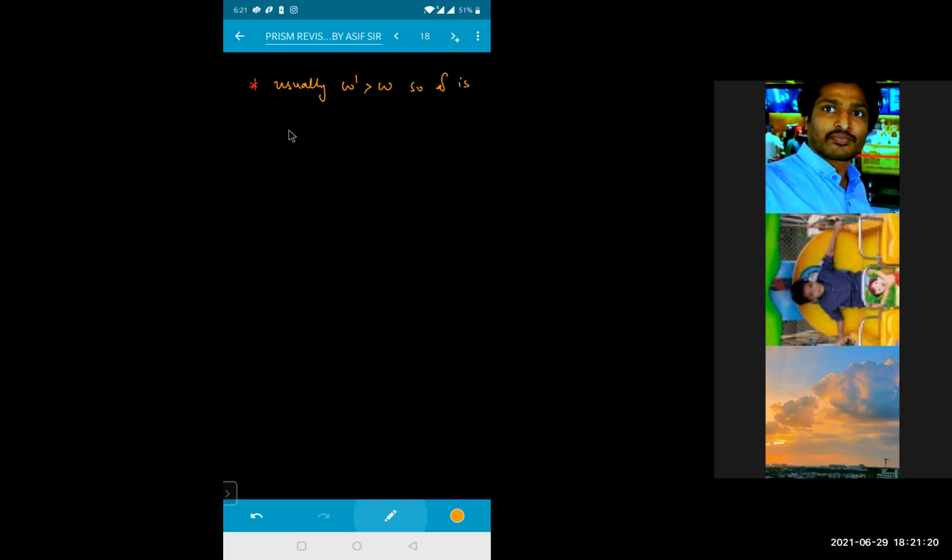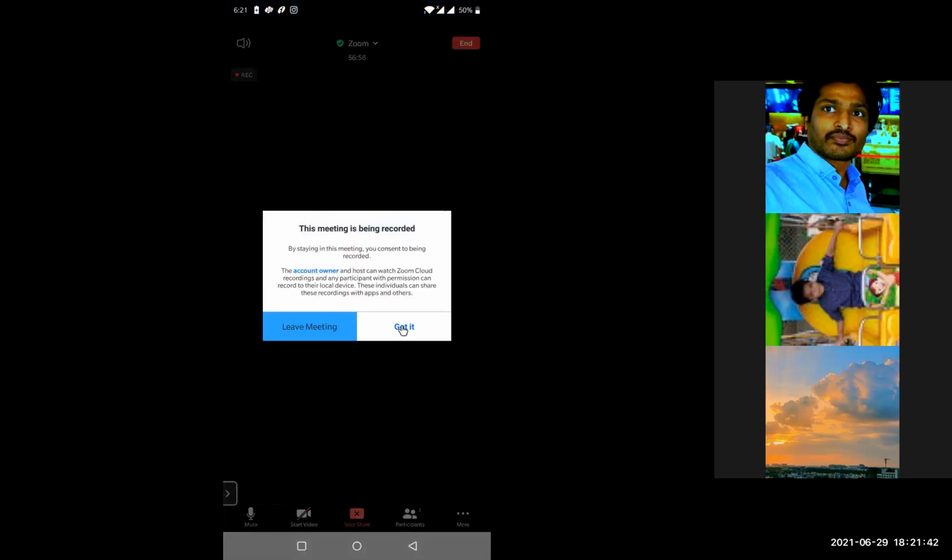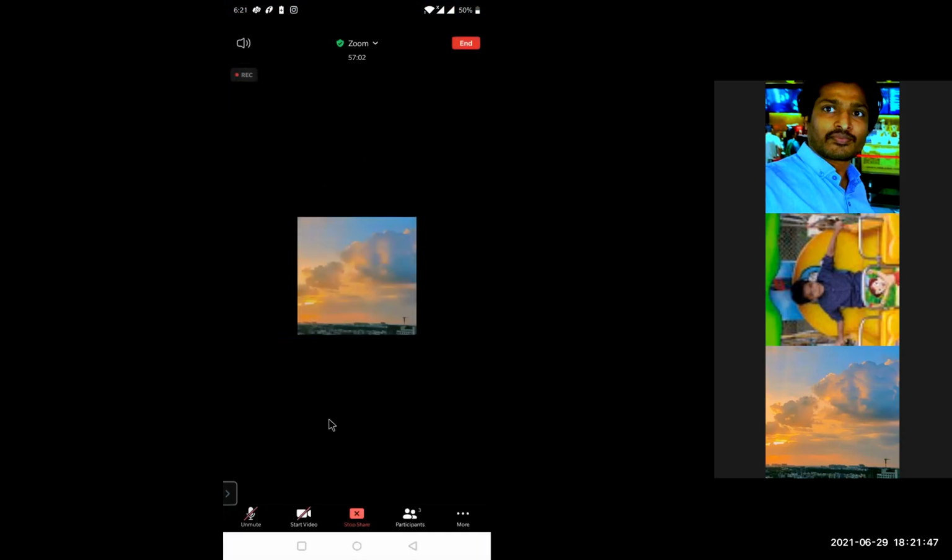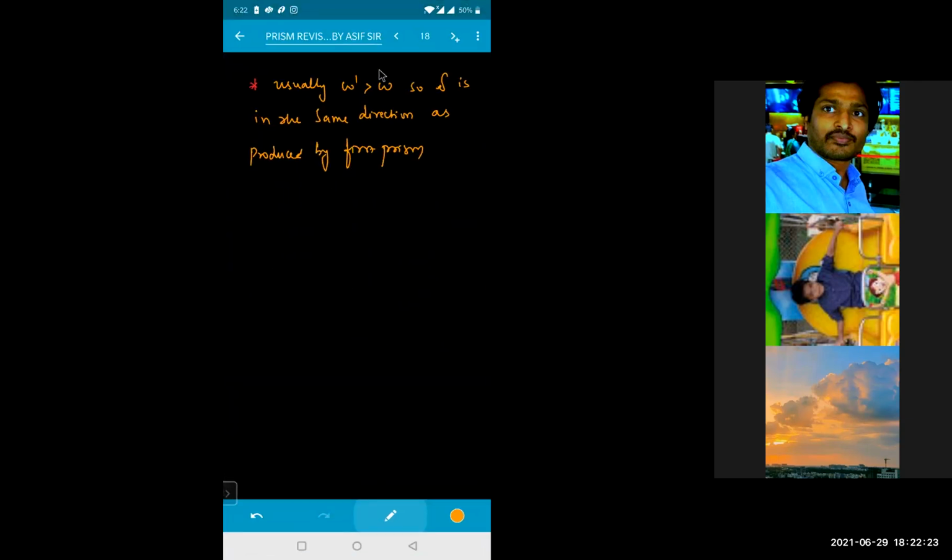So generally omega dash will be greater than omega.